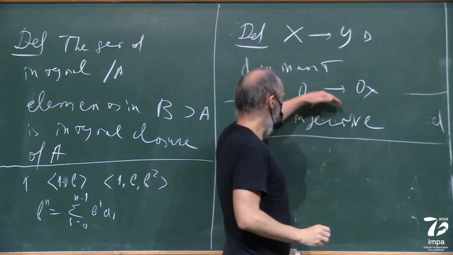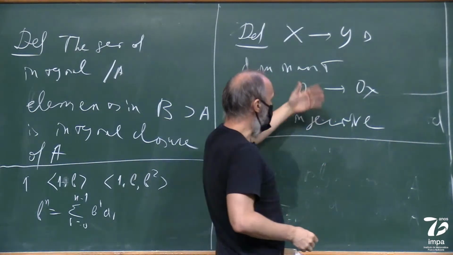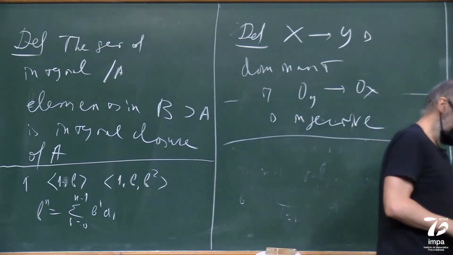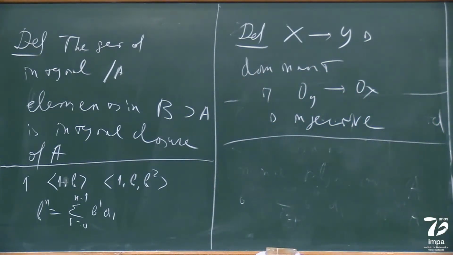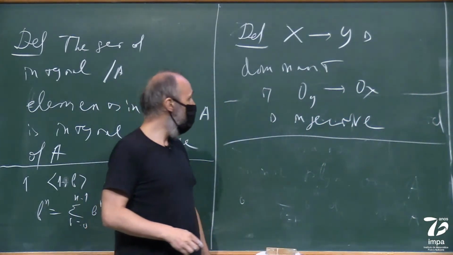So this is injective, and moreover, on each irreducible component they have the same fraction field. Birational means that it is an isomorphism of fraction fields on all irreducible components.